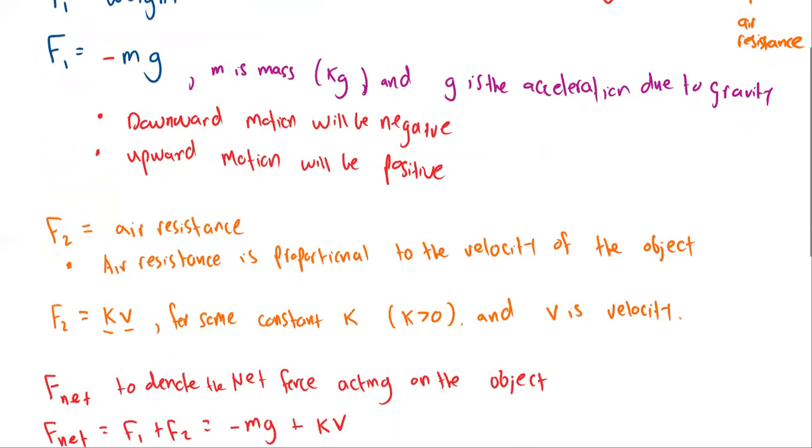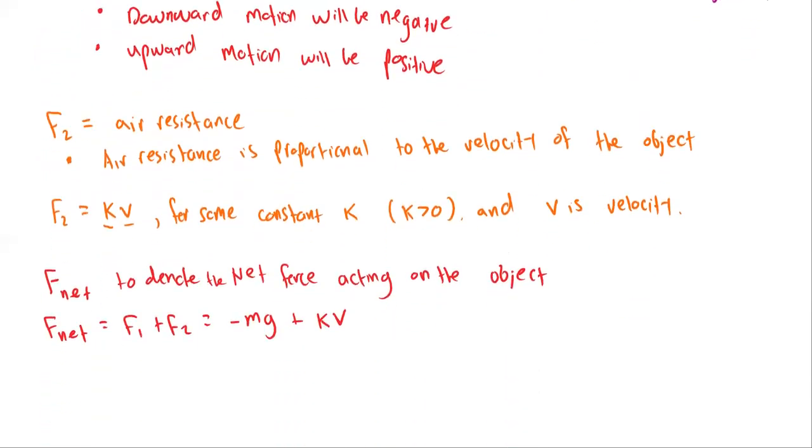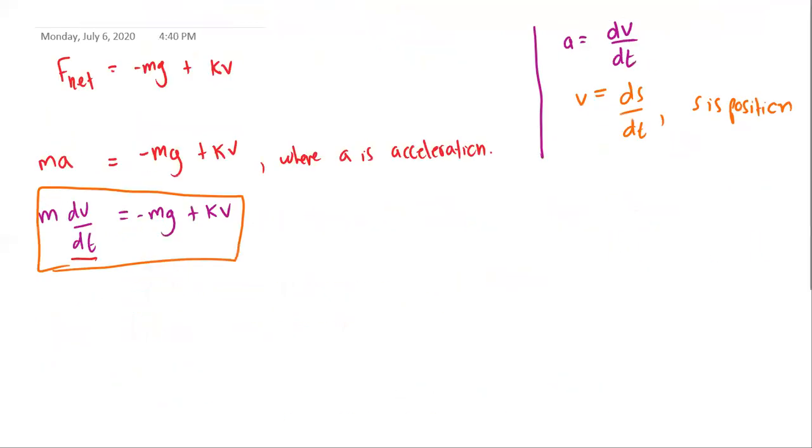There was a little bit of work, but it really came down to two things. First, find the net force acting on the object, the sum of all forces acting on it. And second, use Newton's second law of motion, which tells you that force equals mass times acceleration, set both things equal to each other, and now you have an equation that models the velocity at a particular time. And again, that can also give us position just by integrating.